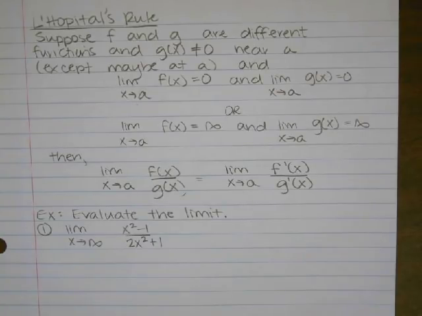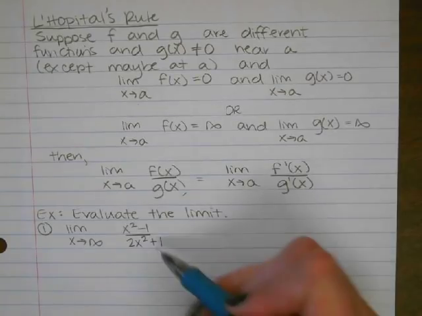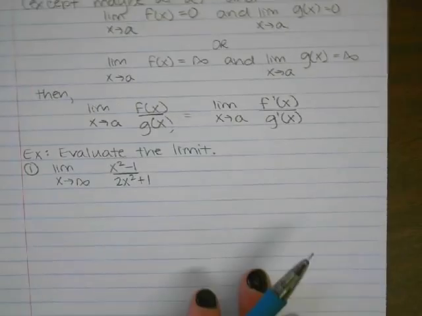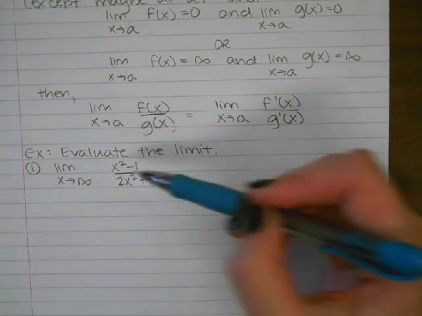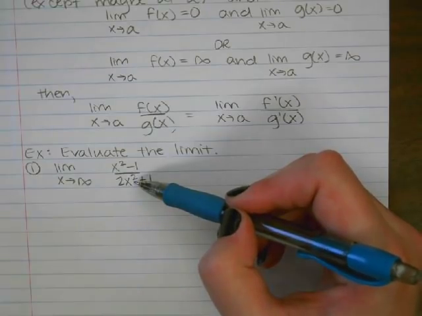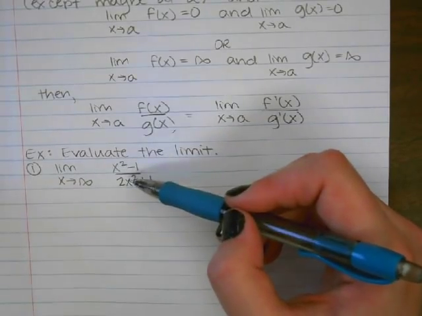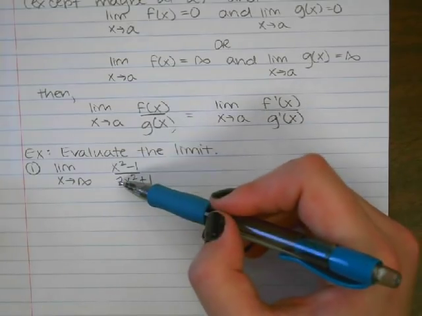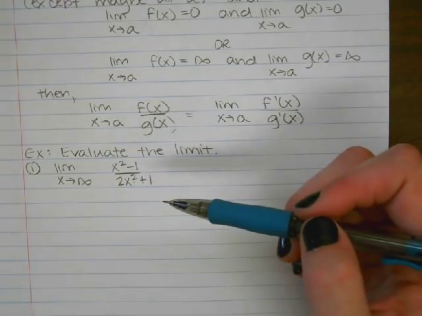I talked about n to the n FEPL. So when I look at this, I already know what the limit of this is. We learned about this when we were talking about horizontal asymptotes. I can see that I have x squared over x squared, and that those infinities are going to be the same size. And so that means that the infinities would cancel out and I would get 1 over 2. So I know that this limit is 1/2.